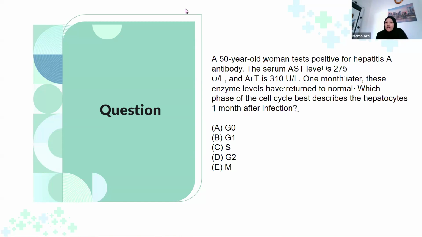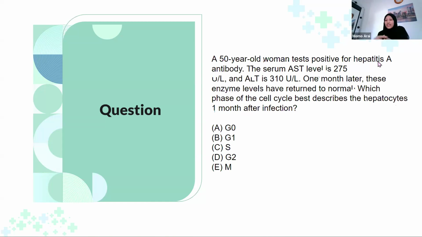Good job. Now try to understand what the question is asking you. It's asking about the liver cells, the hepatocytes, and it's talking about injury and which stage of the cell cycle the liver cell is in. Liver enzymes being high, hepatitis A, inflammation, means there's an injury happening.